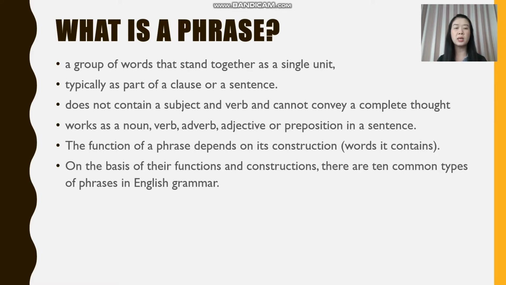We will look at the head word in that phrase, which is the most important part of the phrase, and we use that word in order to differentiate each type, okay? Basically, if we talk about functions and constructions, the phrase can be divided into 10 common types for English grammar. Let's see.